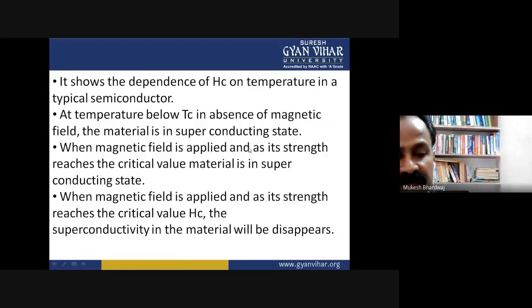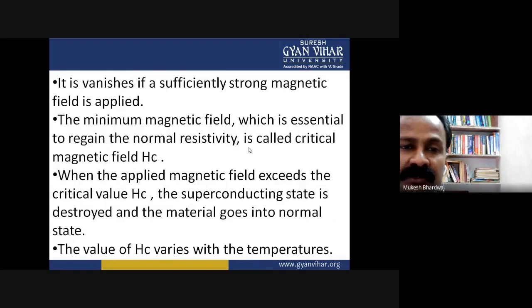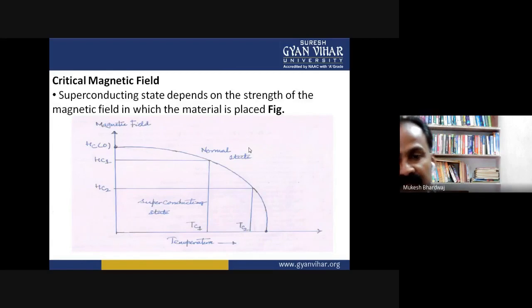If I go back to show the diagram once again, Tc1 and Tc2 are some critical temperatures. That means the magnetic field is directly dependent upon the temperature condition.